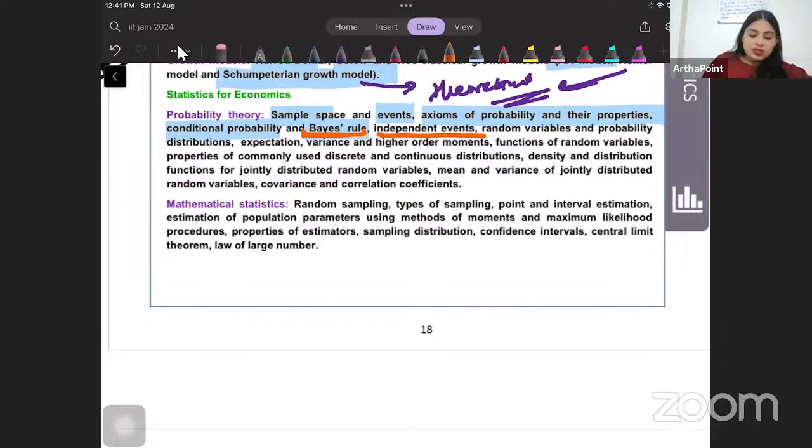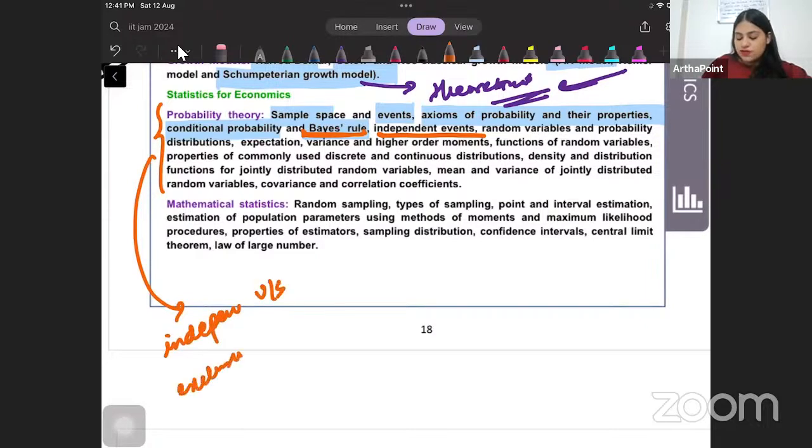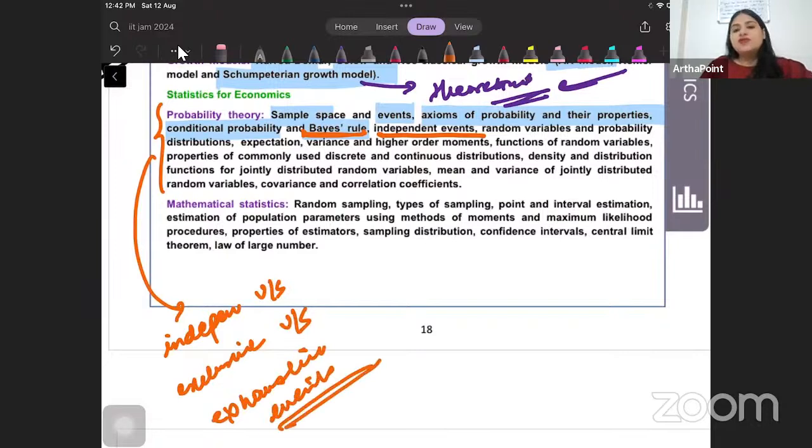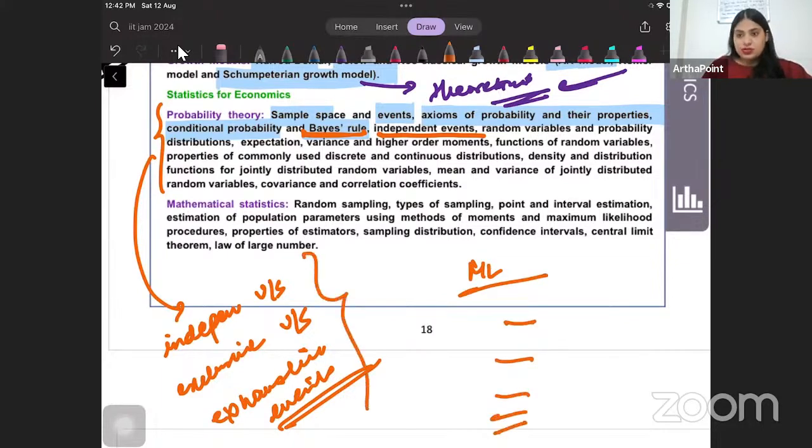Independent events, तो इसमें स्टूडेंट्स should be aware about what is the difference between independent versus exclusive versus exhaustive events. बेटा यही नहीं पता होता इनके बीच का डिफरेंस क्या है. You have to be aware. If they give you multiple select and they give you 4 options, and usme they are using these definitions, you have to be aware na what is independent, what is exclusive, what is exhaustive. ye pata hona zaruri hai, right?